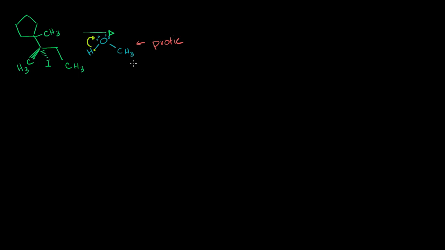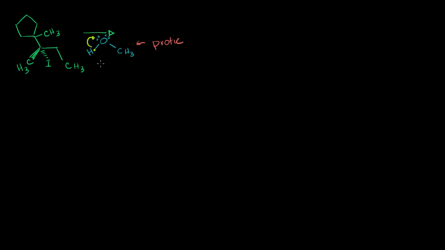So this is a protic solvent. Now, you might say, does anything with a hydrogen be protic? And the answer is no. If you have a bunch of hydrogens bonded to just carbons, that is not protic. Carbon is not so electronegative that it could steal a hydrogen's electron and have the hydrogens floating around. So a big giveaway is hydrogen bonded to a very electronegative atom like oxygen.